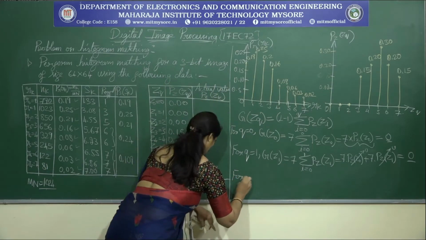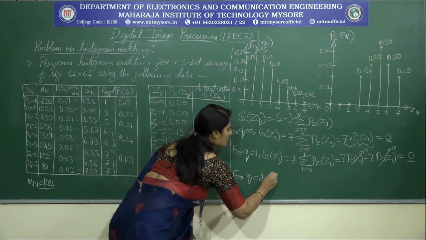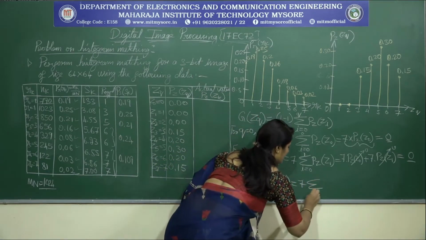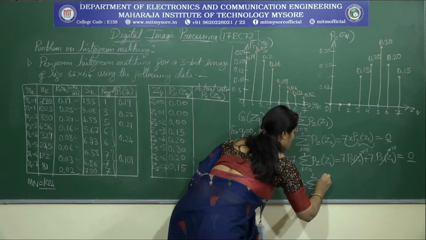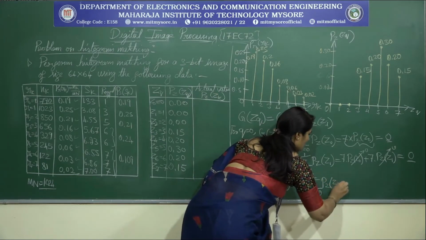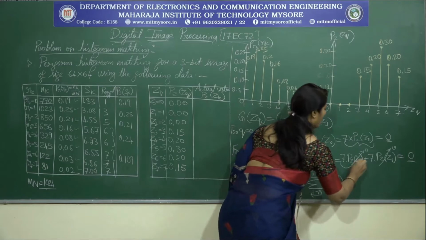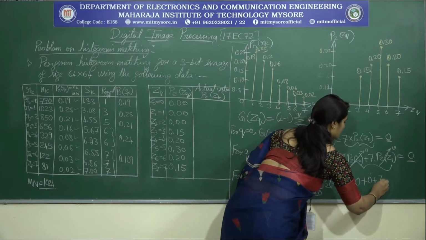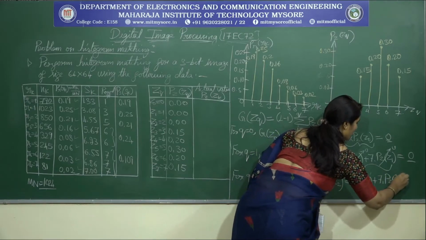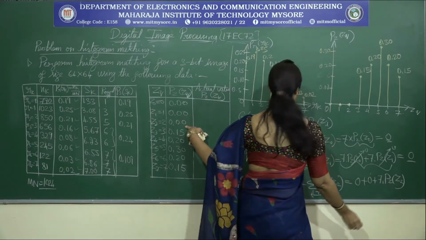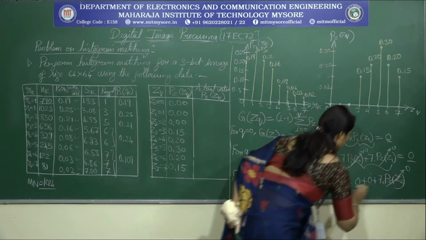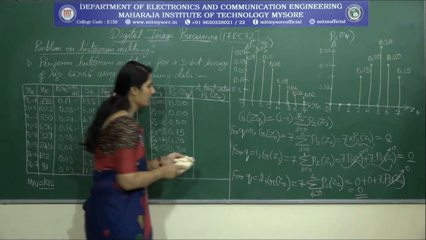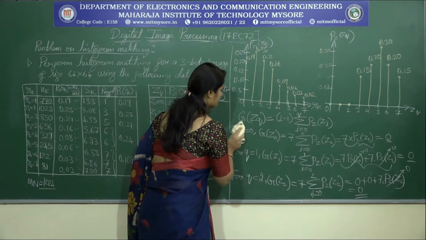Next, for q is equal to 2, G of z2 is equal to 7 into summation i equals 0 to 2 Pz of zi. So this whole value is 0 plus 0 plus 7 into Pz of z2. Pz of z2 is also 0. So this is 0. Similarly, next let us find out for q equals 3.